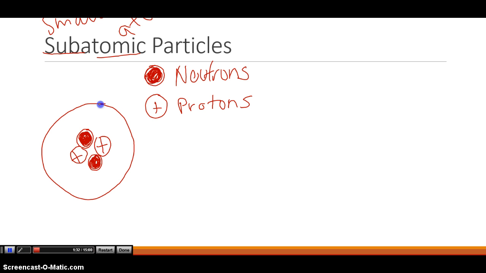And these little bitty guys down here are electrons. Where'd they go?